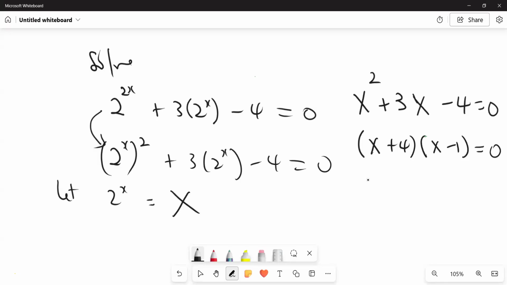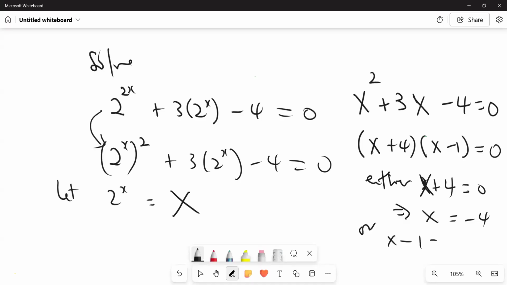Then either X + 4 = 0, that's a big X we have, which implies that X = -4, or X - 1 = 0, which implies that X = 1, right?